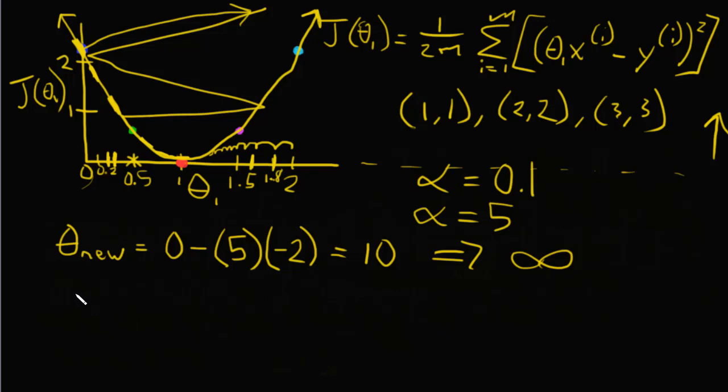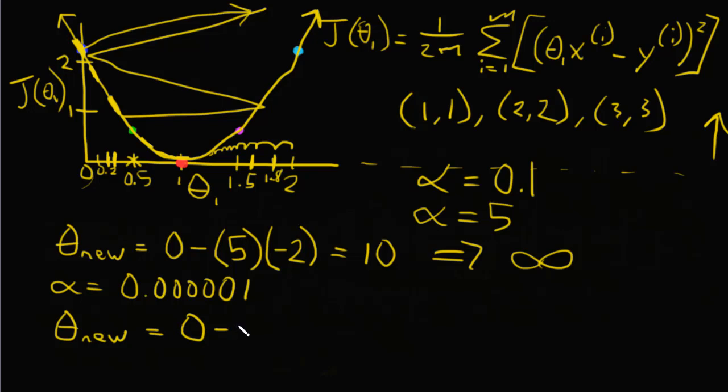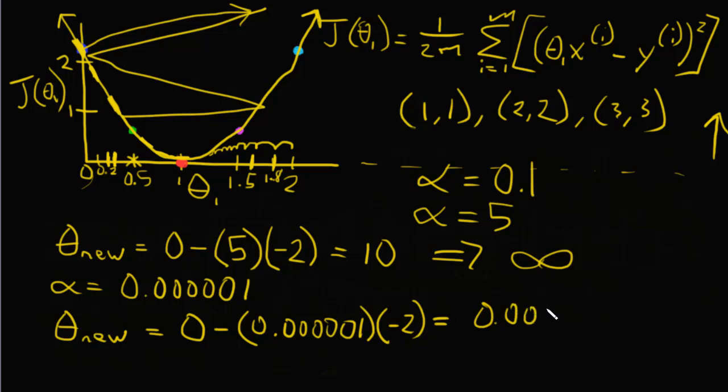Conversely, if I make my alpha super small, let's say alpha is equal to 0.000001. Well, you can imagine my theta new is equal to my theta old 0 minus 0.000001 times the negative 2. So now my theta new value is going to have a value of 0.000002.